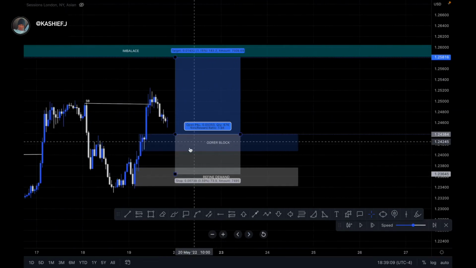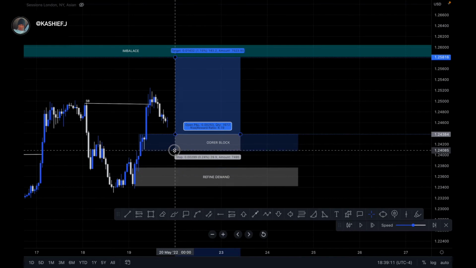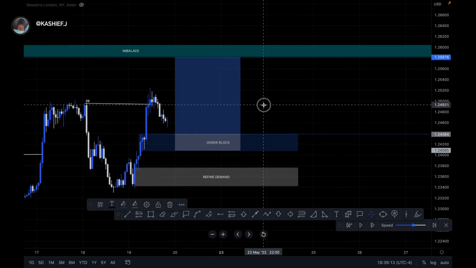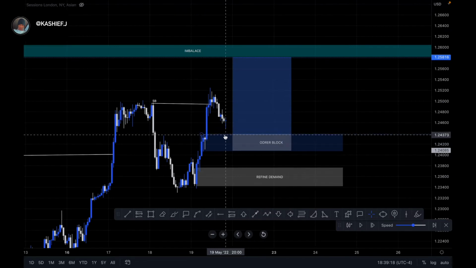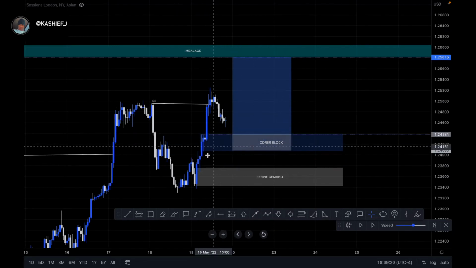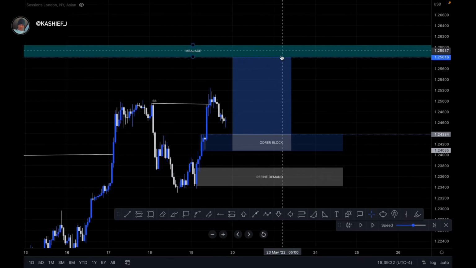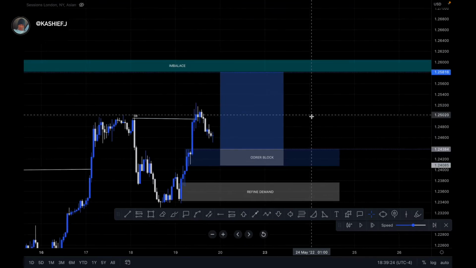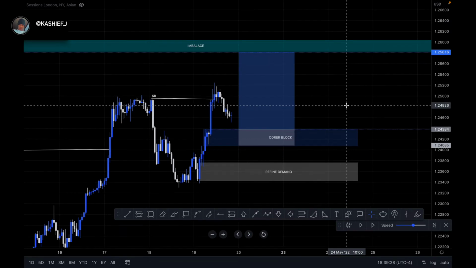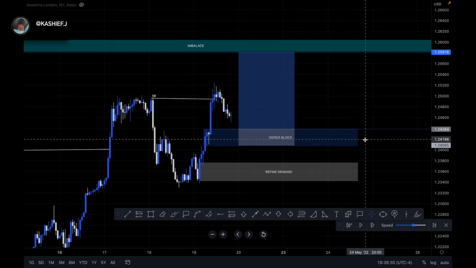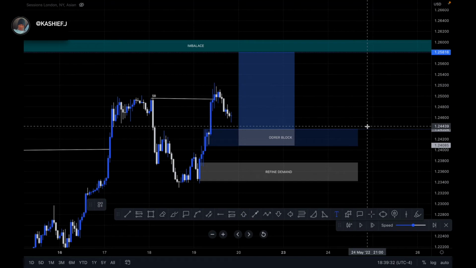Alright, my stop was just beneath here, just beneath the wick, because normally whenever the market tips this zone or reaches inside our order block zone, it normally pushes aggressively to the upside. So that's where I set my buy limit. So let's just add that right here.